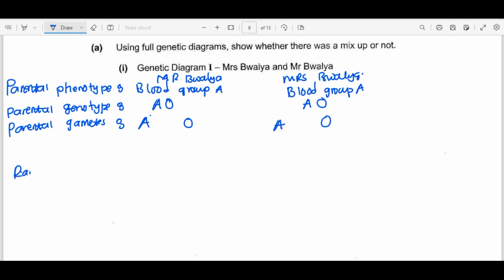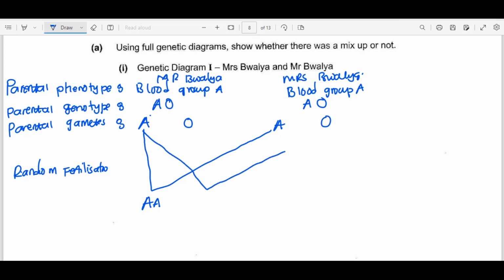From there we have random fertilization. So we can now cross. So we have AA, then this one will be AO.